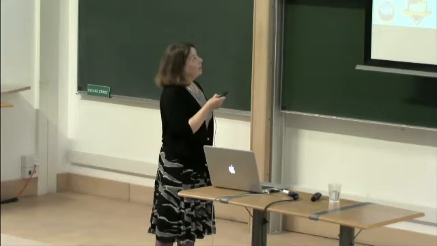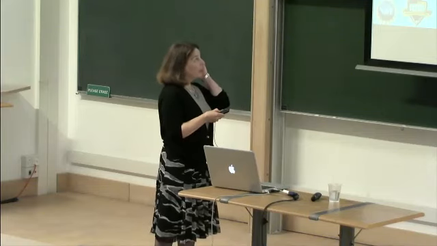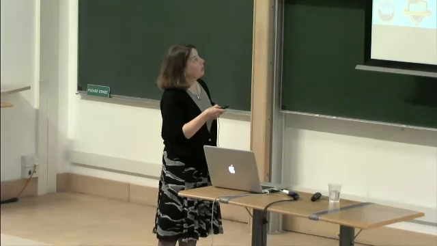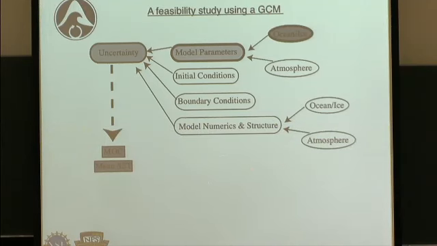So on the problem that I'm working on, this feasibility study for a full climate GCM, you have your various components, the ocean and ice and the atmosphere, and then there would be another bubble here for land that's not on these. And you have various contributions to the uncertainty.